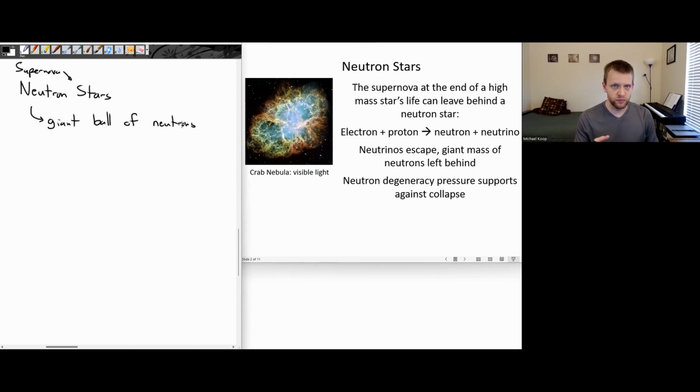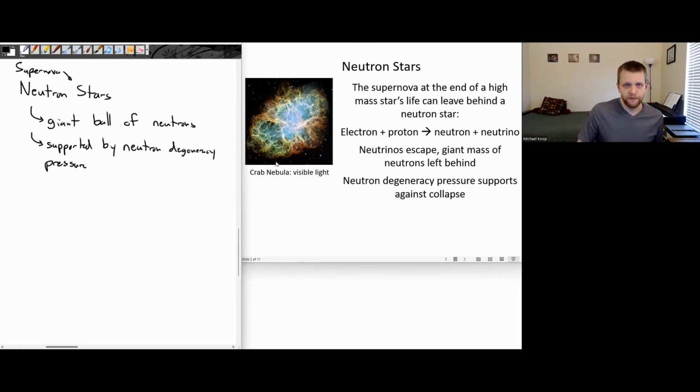We've talked a bunch of times about electron degeneracy pressure, where electrons don't want to be in the same quantum state. Well, if you get neutrons close enough together, neutrons will do a similar kind of thing. They don't want to be in the same quantum state, and that force is literally the only thing supporting this thing against collapse. So they're supported by neutron degeneracy pressure, which again is very similar to that electron degeneracy pressure.